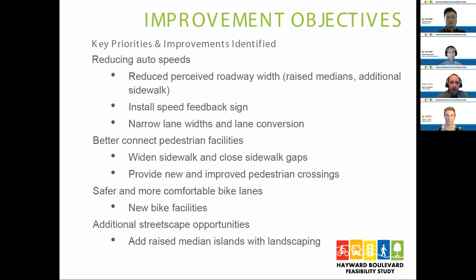There's a lot of interest in providing bicycle lanes in this corridor, so providing some new bicycle facilities is another strategy that can also help reduce speed. And then finally, the additional streetscape opportunities, which gets to the landscaping interest. So these can be raised medians with landscaping in the middle of the roadway, or it can be landscaping strips on the side of the roadway as well that separate the roadway from the sidewalk.